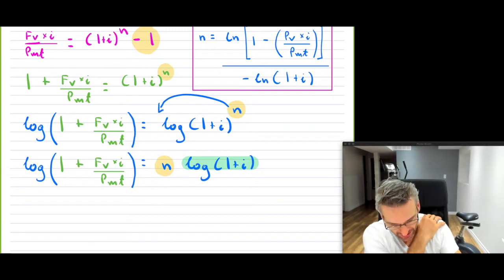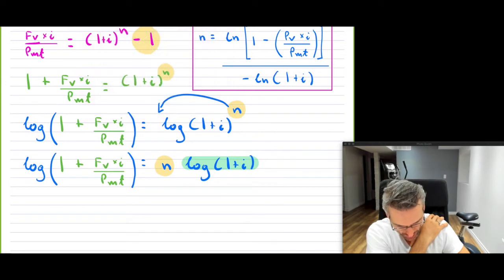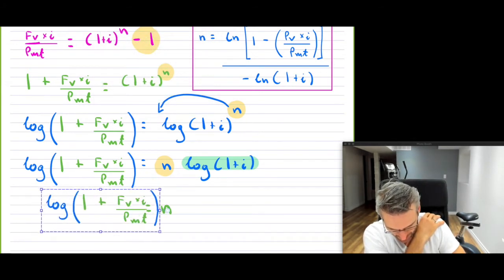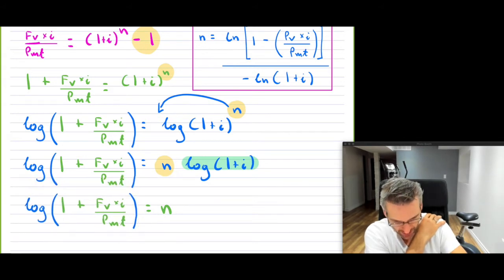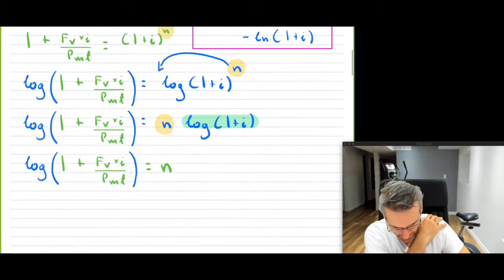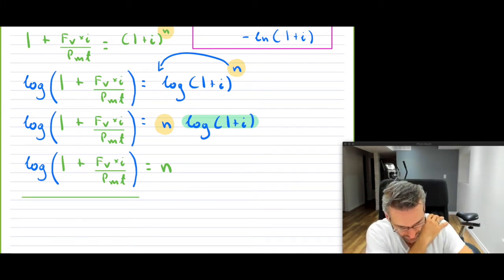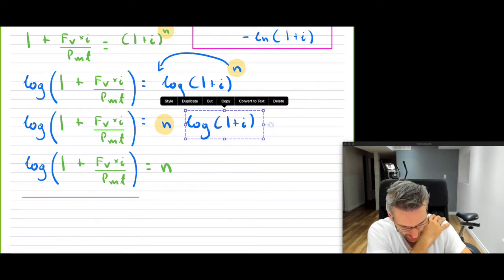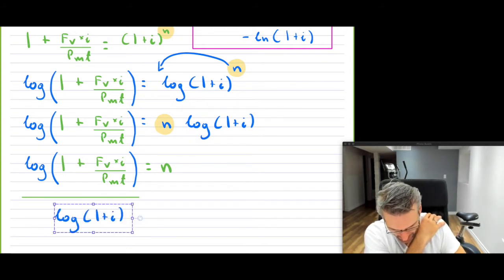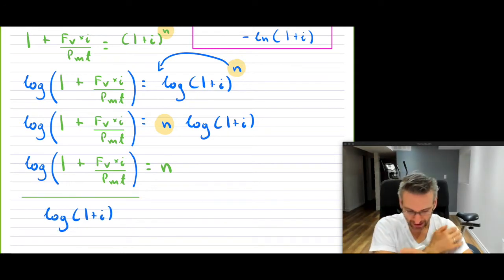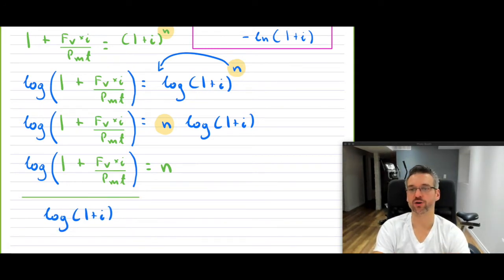Dividing on both sides, you're going to come out to n is equal to, let me paste that back because that doesn't change, divided by log of 1 plus i, because we were isolating for n. And that would be your actual equation for n.